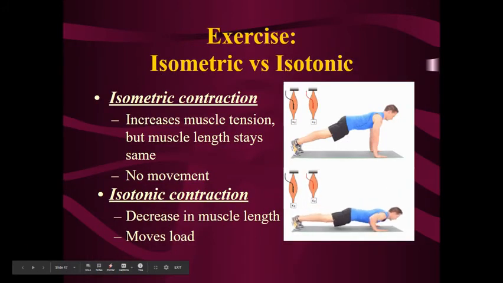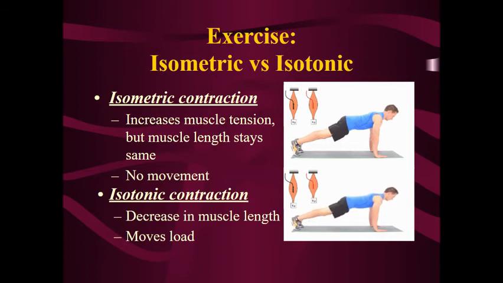More on exercise. There's isometric versus isotonic contractions. In an isometric contraction, like the image on the top, it increases muscle tension, but the muscle stays the same length. There's no movement produced.